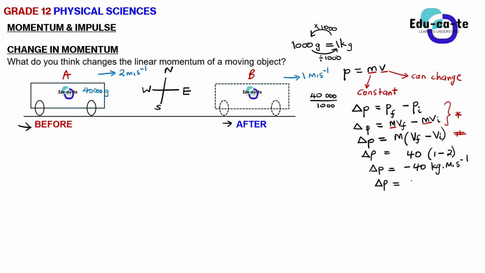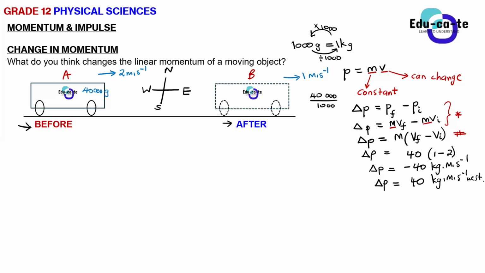Remember, we said that the linear momentum itself has the same direction as the velocity. You still remember us saying that, right? But the change in momentum is not always the case. Do you realize that? So guys, don't treat the momentum and the change in momentum as the same thing.